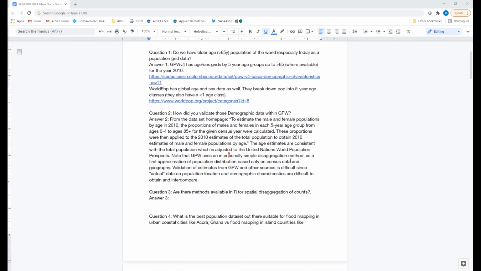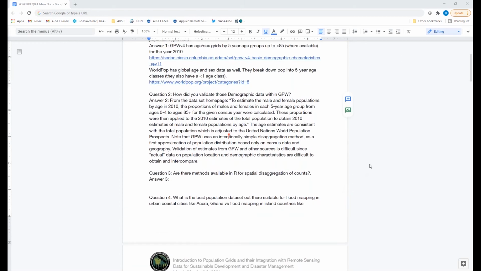Question two, how did you validate the demographic data with GPW? I'll take this. There's some text that shows a method of how we took the age category proportions and applied them to the 2010 estimates. So these are really estimates.